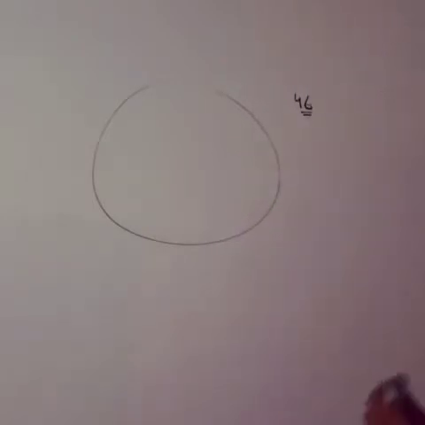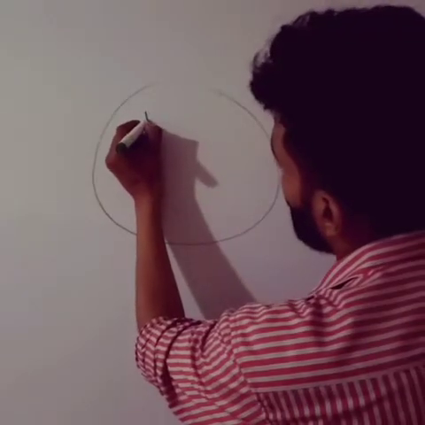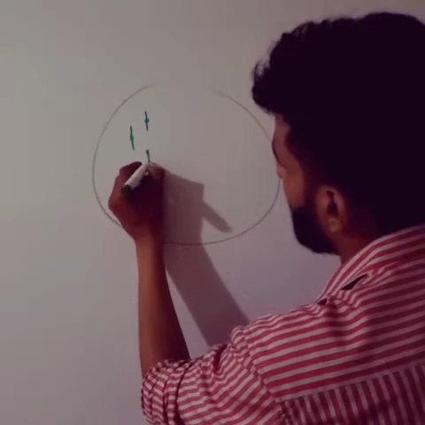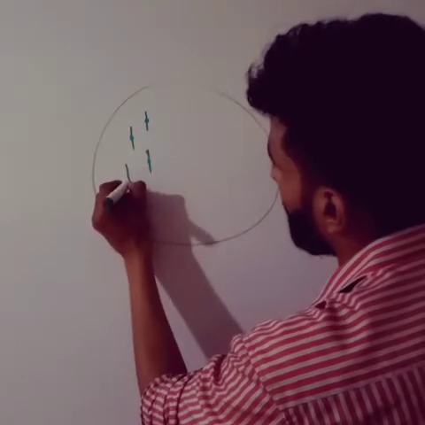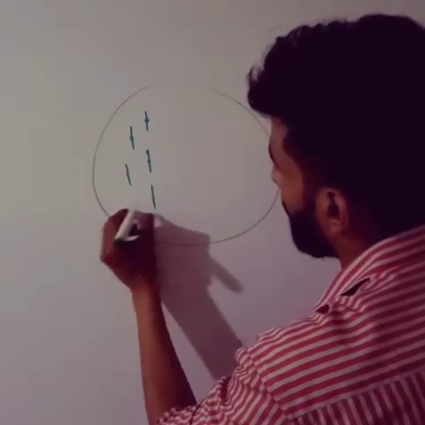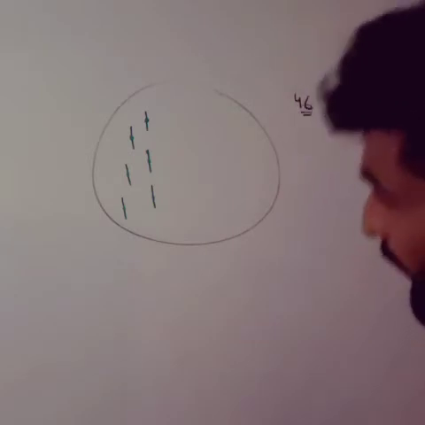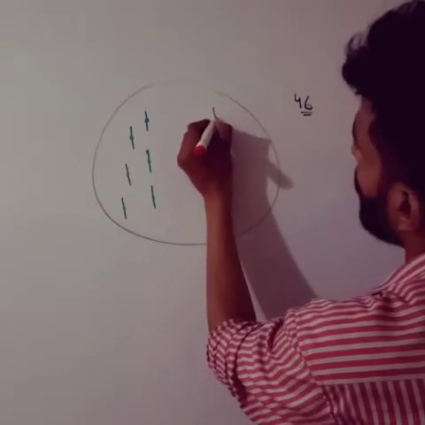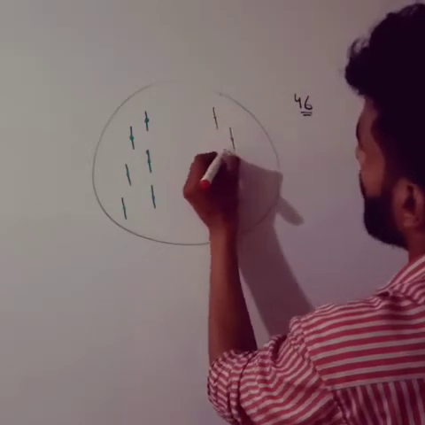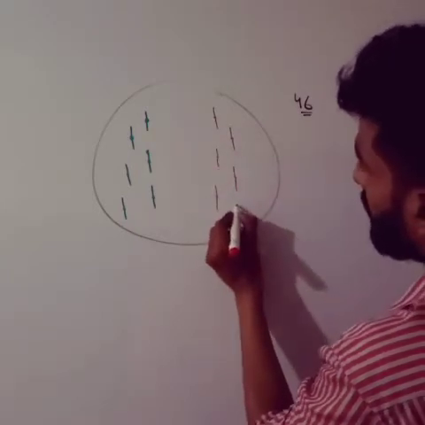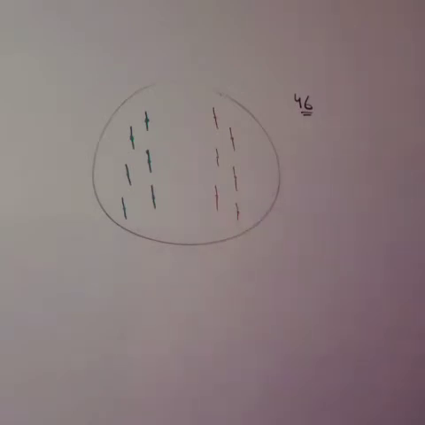We know that 23 chromosomes come from the mother side and 23 chromosomes come from the father side.